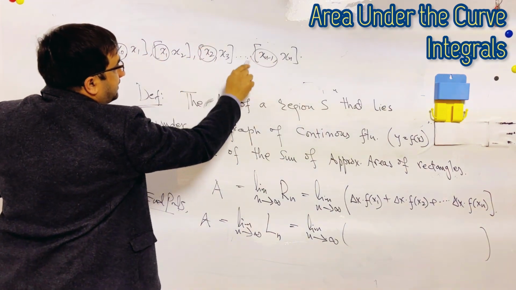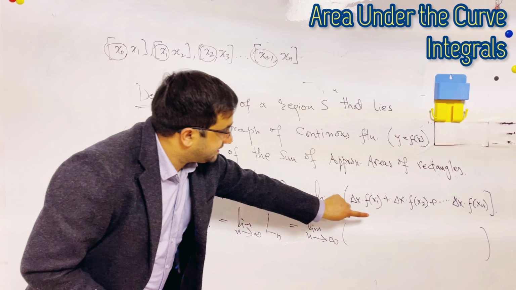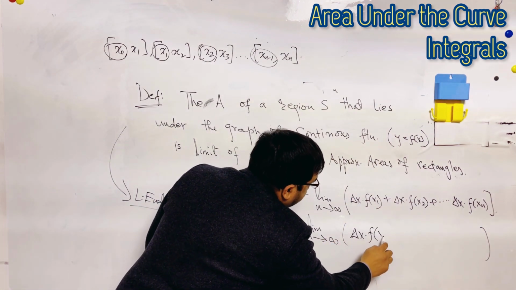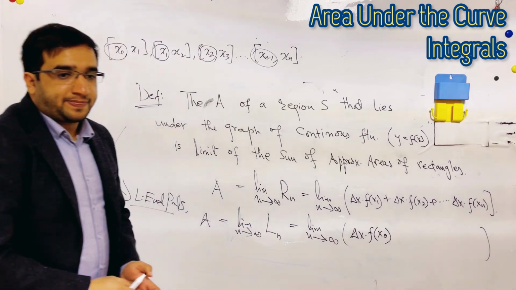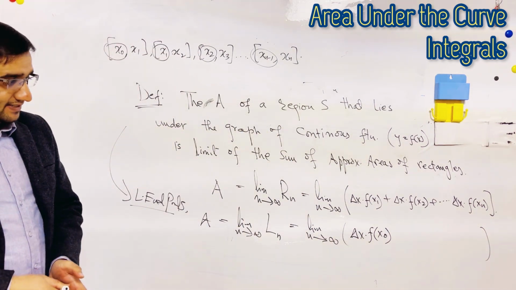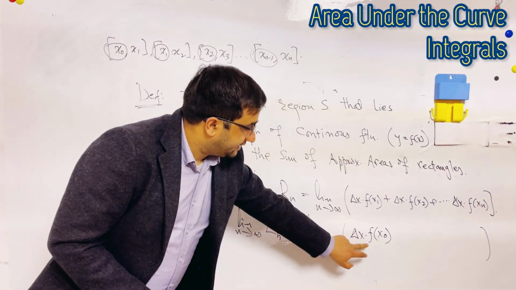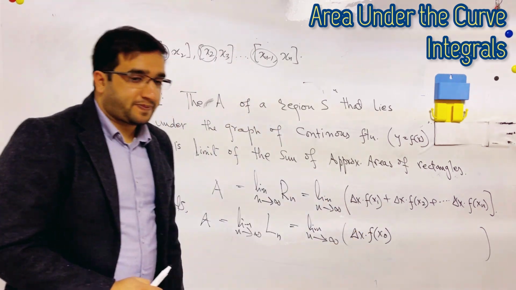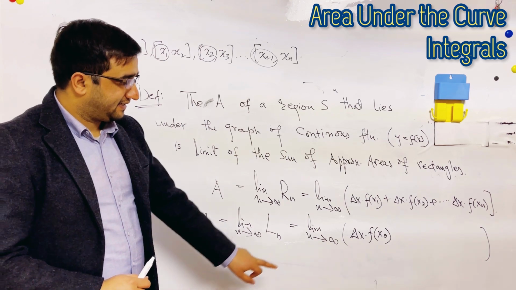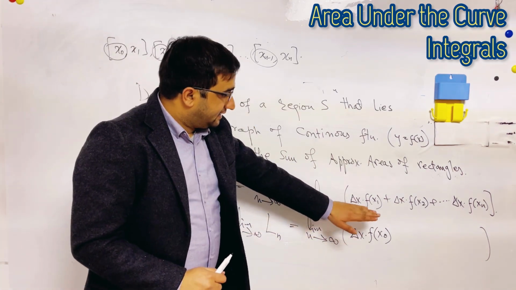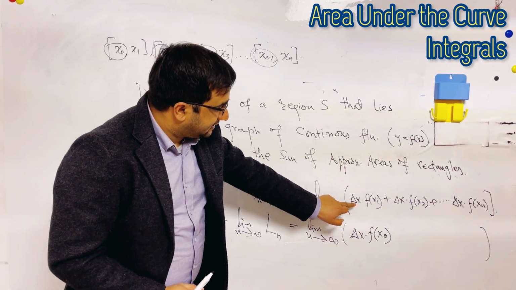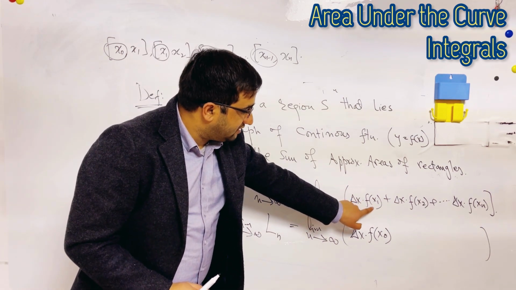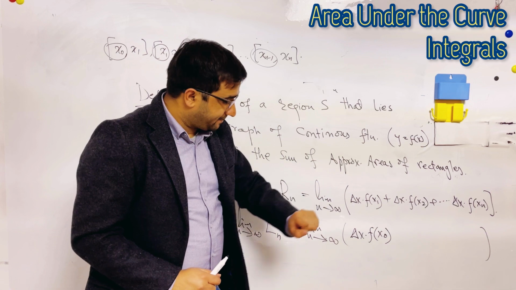So the first slice will be delta x into the value of the function at x naught. You see the difference? What is the difference between these two values? X1. Yes. In the case of right hand points, the area of the first slice is delta x into the value of the function at x1.